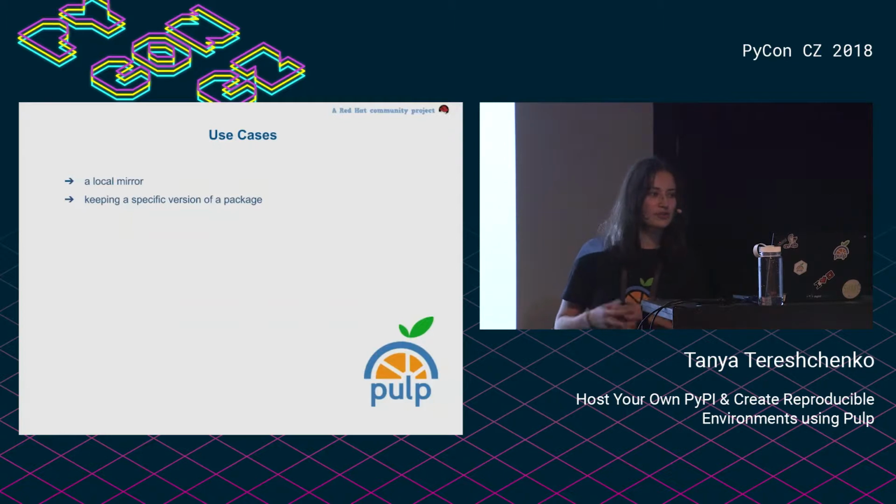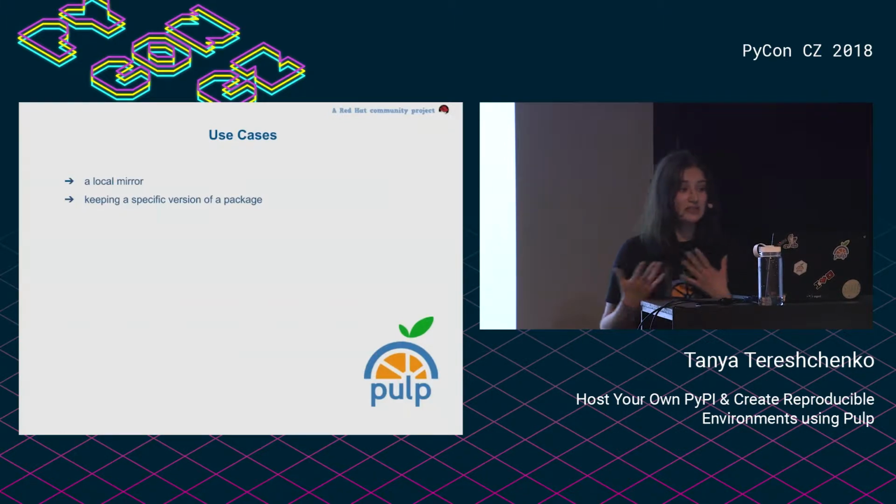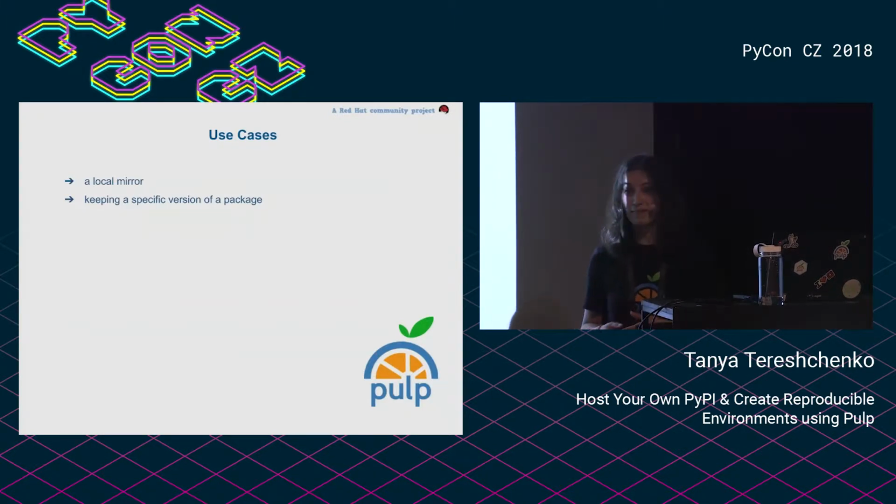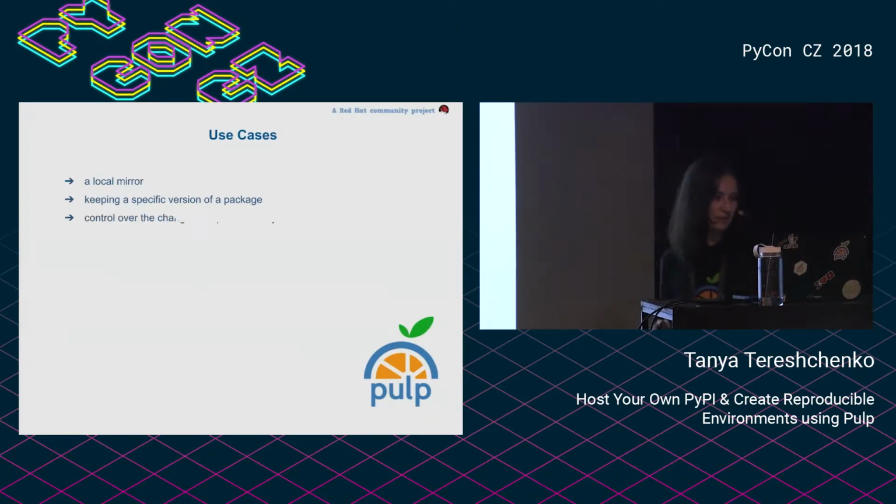A package of a version you rely on may disappear from a remote source, and you don't really want that. So we can keep it within Pulp.